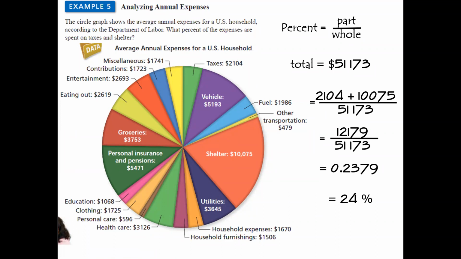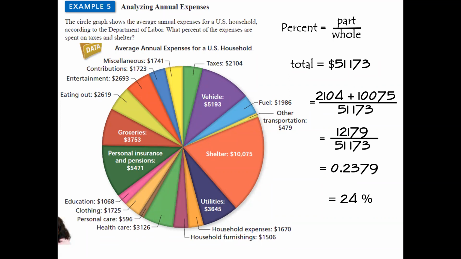Okay. Let's do some more examples using the same pie. So let me know if you guys need me to stop, redo this again and explain it, or we can move on to the next one. We okay here? Okay, so if we're good, we're good.